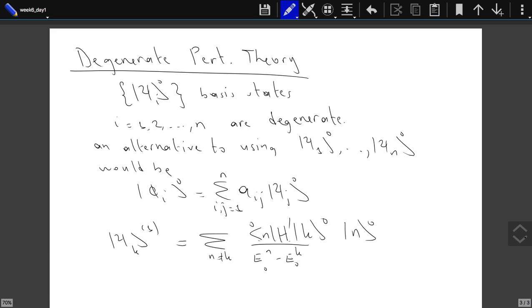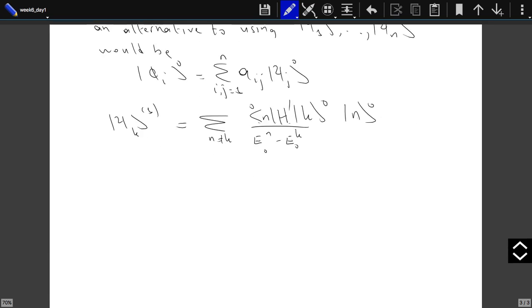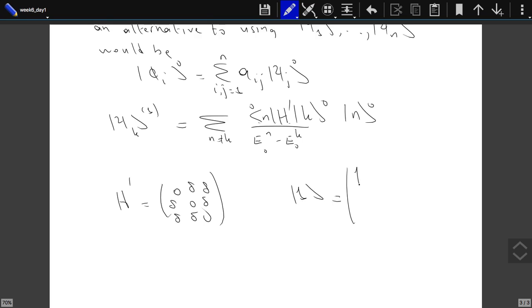Now, let's do it more formally in the third question. We have the Hamiltonian H0 was this one, and H prime is 0, 0, 0, delta, delta, delta, delta, delta, delta. Now we have a degenerate basis. The one state is 1, 0, 0, and the two state is 0, 1, 0. These are degenerate.